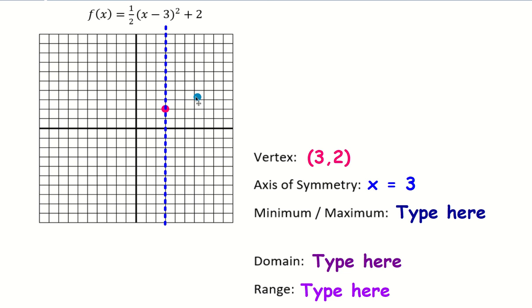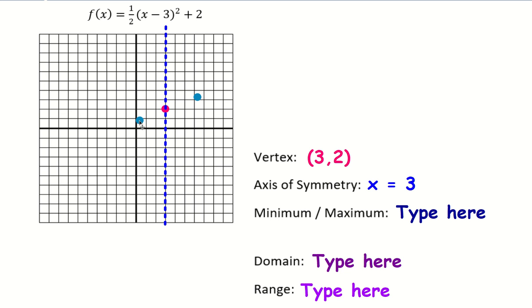Now, what some other points are, you might have to find, like what if we were to plug in 0? If you were to plug in 0 for x, let's see here. 0 minus 3 is negative 3. When you square that, you get positive 9. Positive 9 times 1/2 is 4.5.